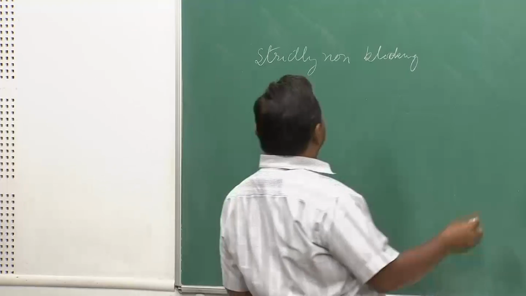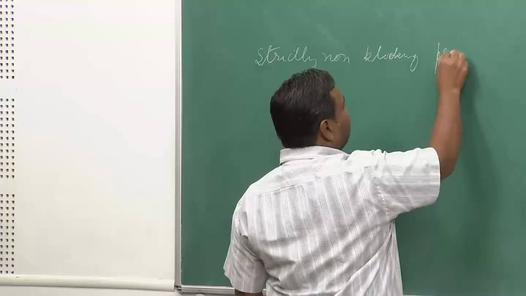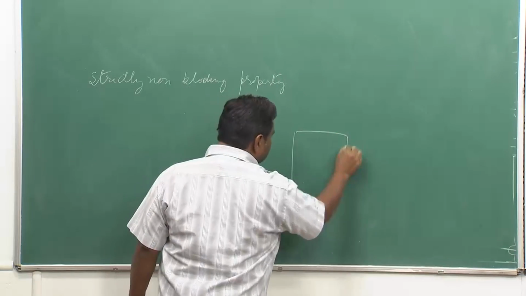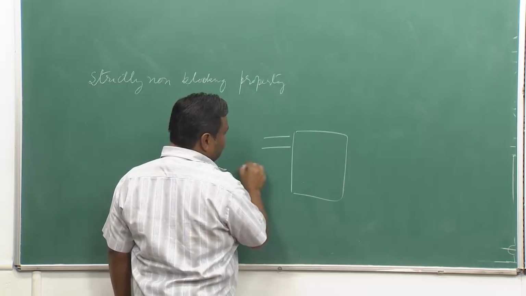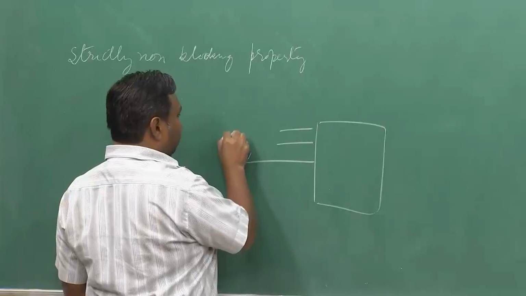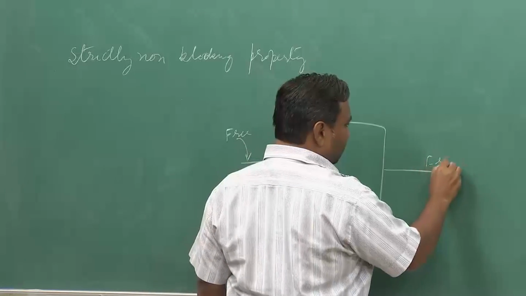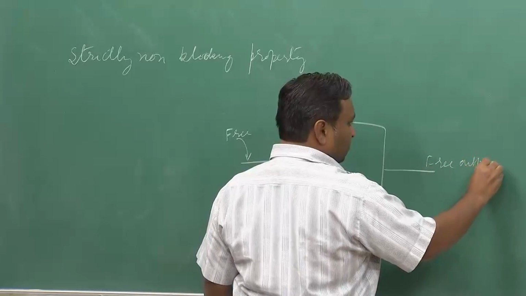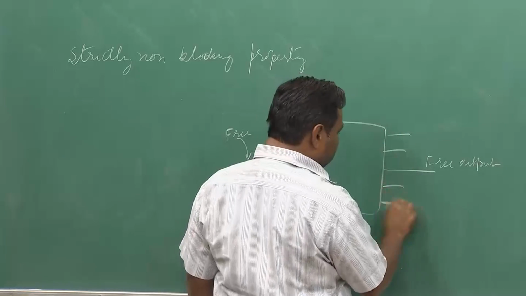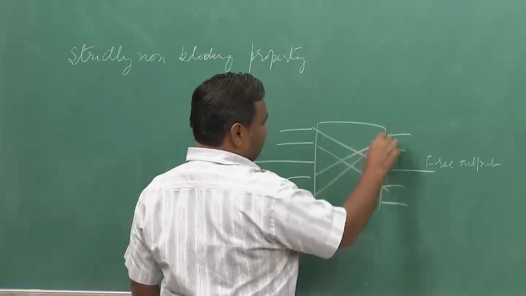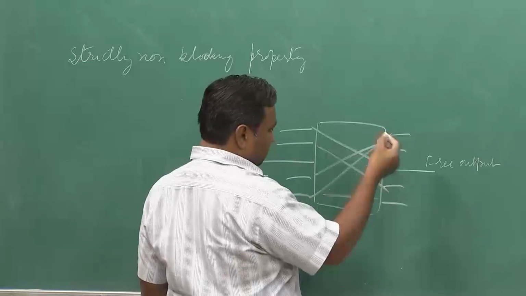If I have a switch, strictly non-blocking property, if I have a switch, I have one free input port, I have one free output port, and I have inputs. So, these can be connected in any arbitrary way I wish.